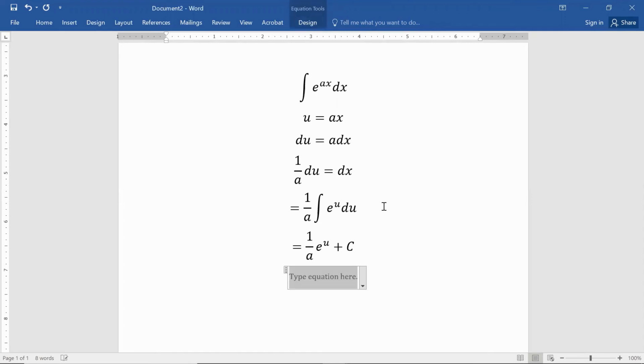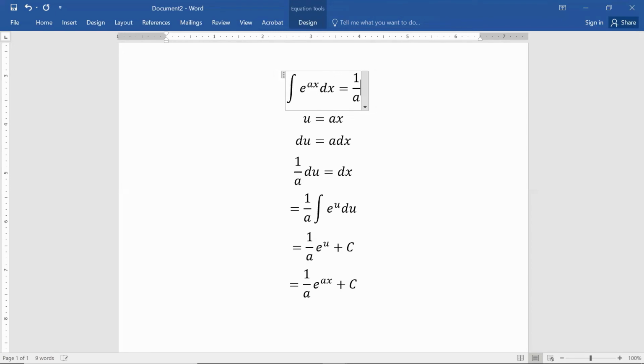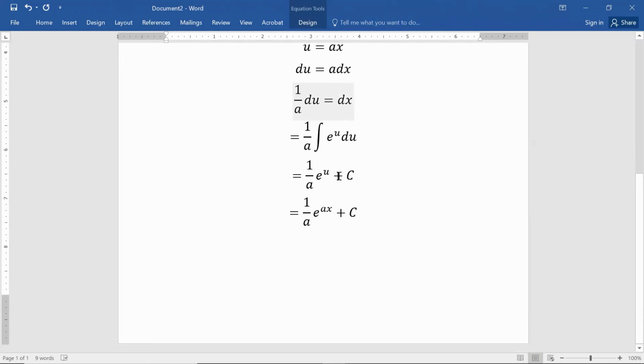And then obviously my u was a times x. Many times, once we've seen this over and over, you will just be able to say that when you integrate e to a linear power, you end up with 1 over a e to that linear power plus c. The same is going to be true for a lot of functions.